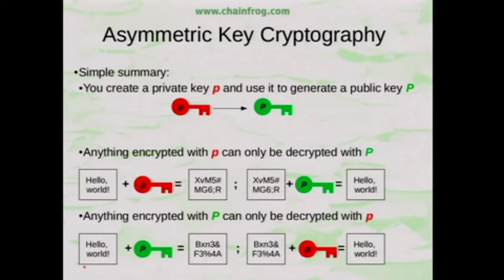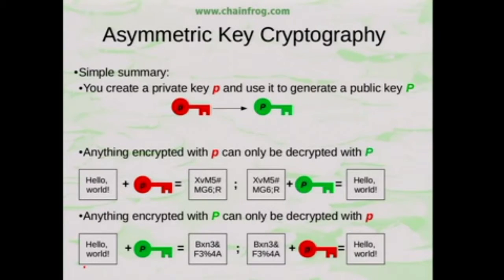And a simple summary of asymmetric key cryptography is that you create a private key, you use that to create a public key, and then there are 2 very simple things. Anything encrypted with the private key can only be decrypted with the public key. So here we have hello world turned into this gobbledygook, and the only way to get the gobbledygook back to hello world is with the public key. And anything encrypted with the public key can only be decrypted with the private key.